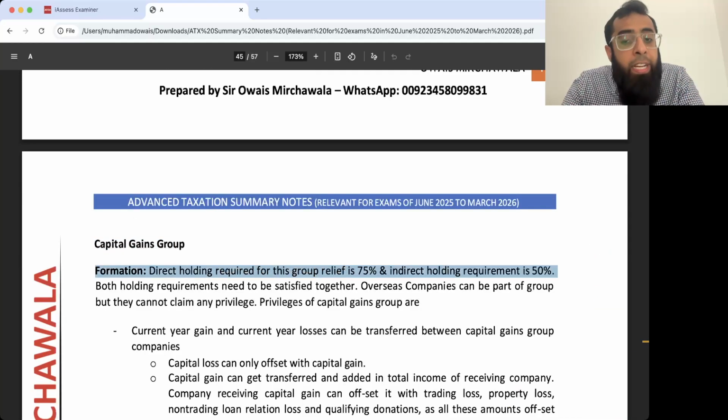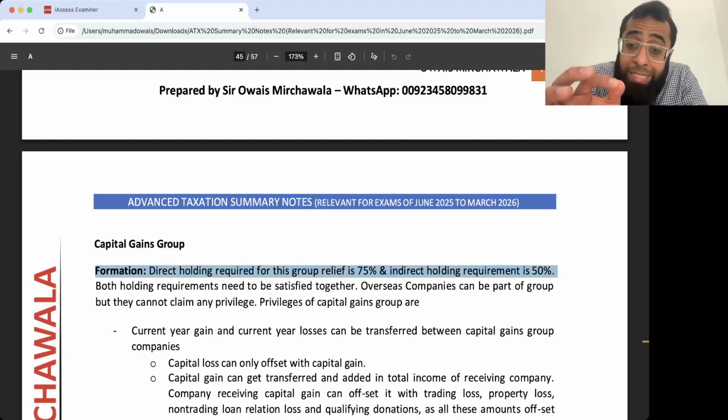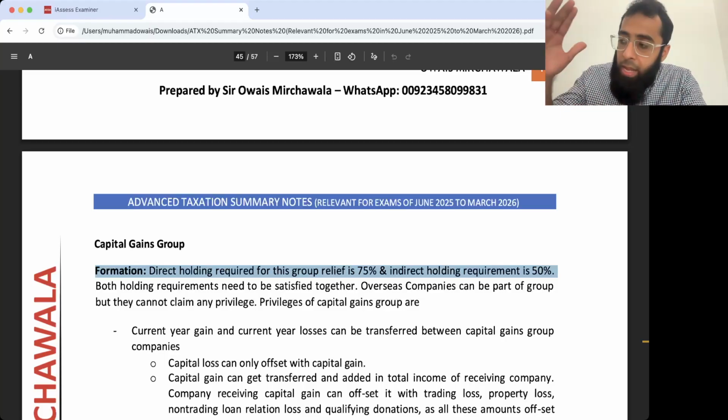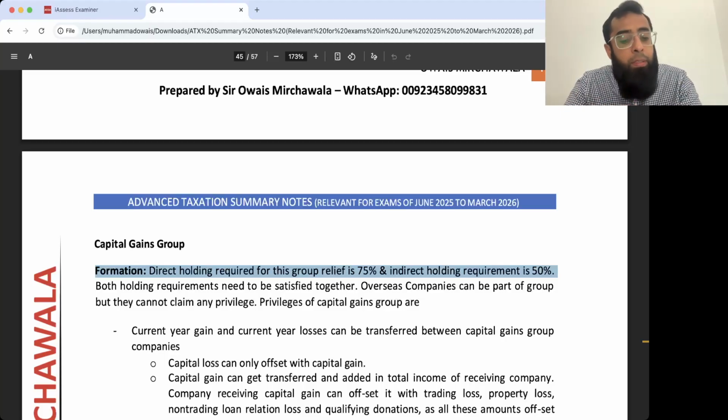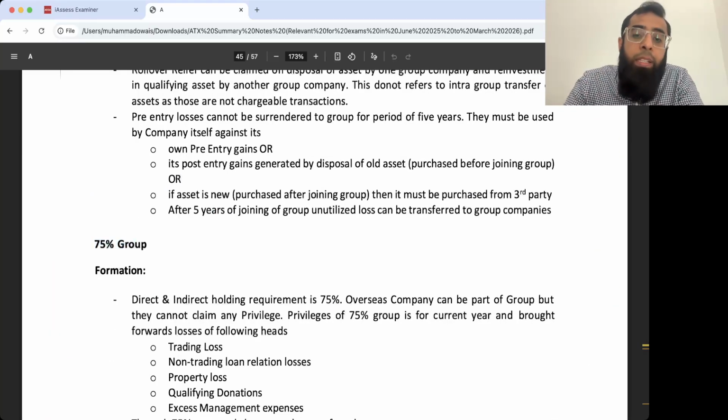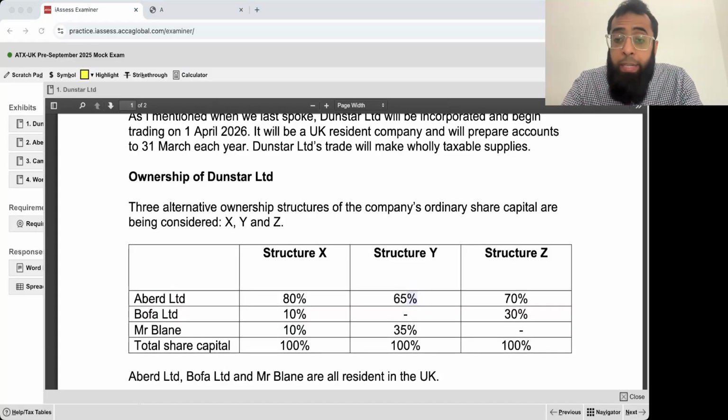You need direct ownership of 75%. That's the first step. Then indirect is the subsidiary, which is not the case, as Abrid directly owns this company. Then for a 75% group, you again need direct ownership of 75%. So with 65% ownership, you cannot form a capital gains group or a 75% group.